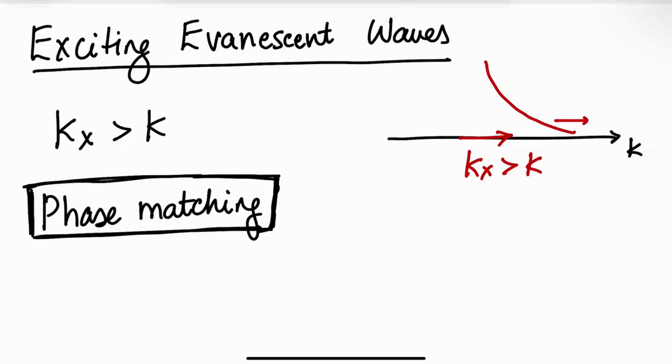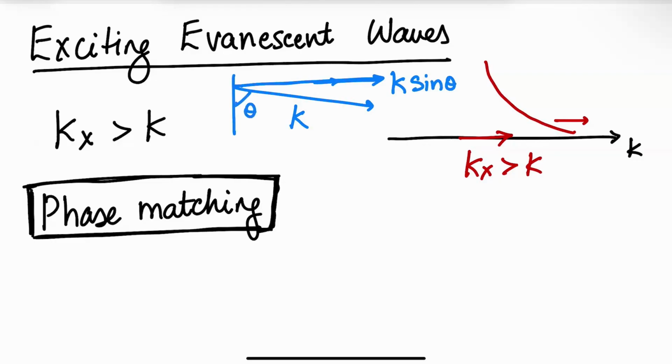Phase matching means that if I have some incoming wave that has some k vector, if I look at that k vector in this direction, which would be k sine theta, let's say, where this angle is theta, then this k sine theta must be equal to my kx.